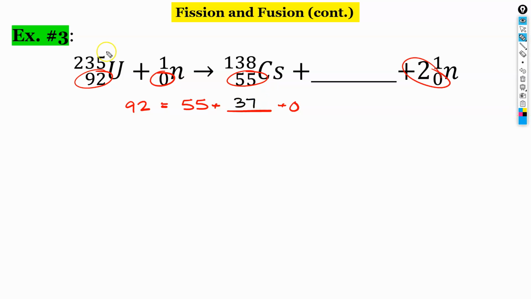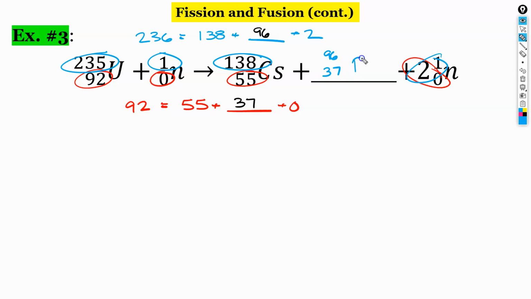And then for the mass, 235 plus 1 is 236. 138, and 2 times 1 is 2. So 138 plus some number plus 2. So 236 minus 138 minus 2 is 96. So we have 96 over 37, and that is rubidium, Rb.